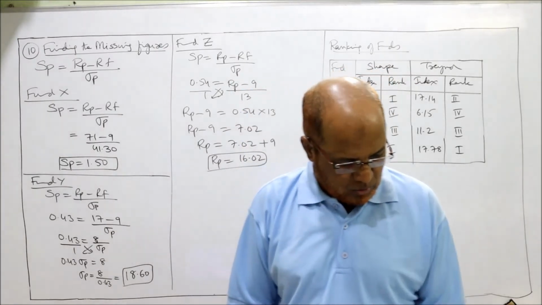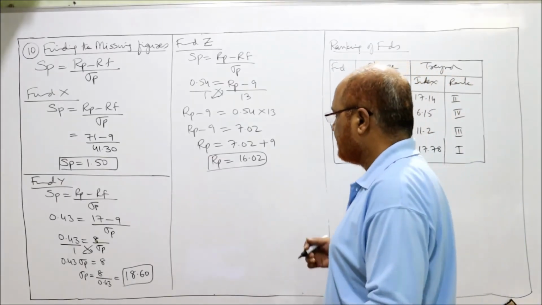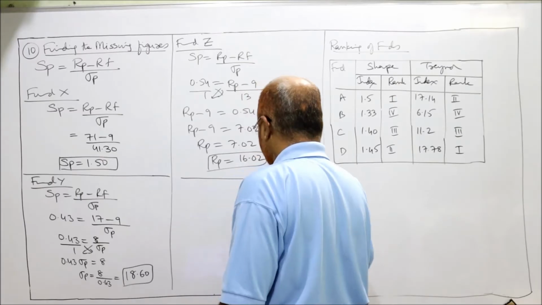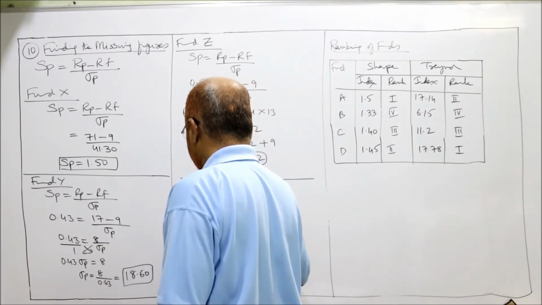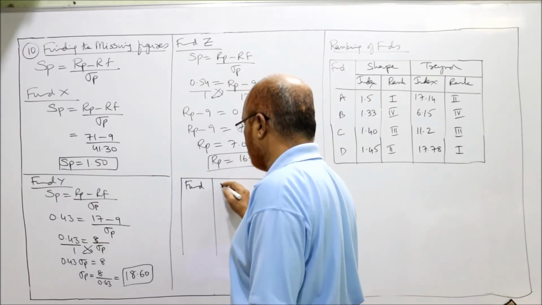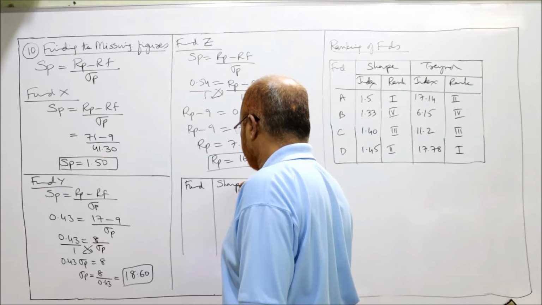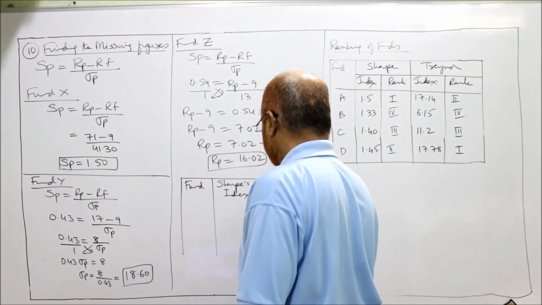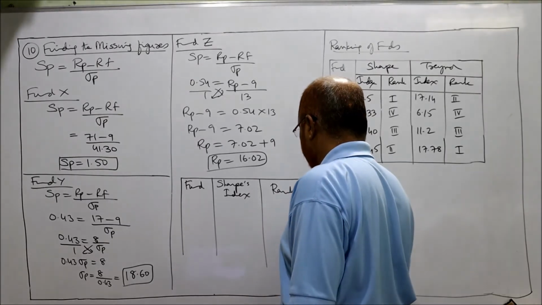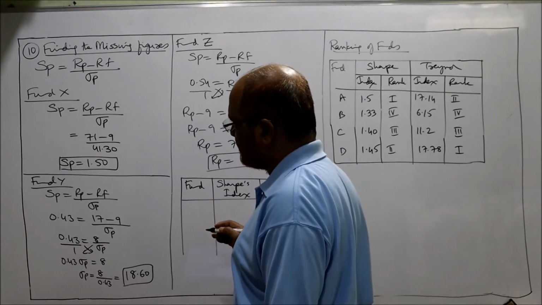Now it is asking you to arrange the funds in descending order of Sharpe's measure.